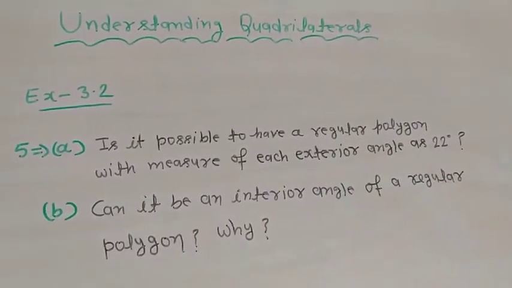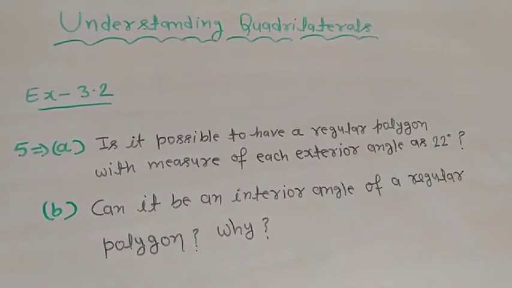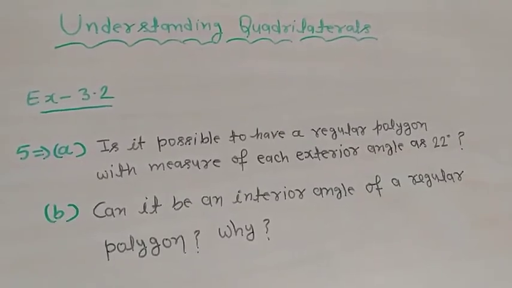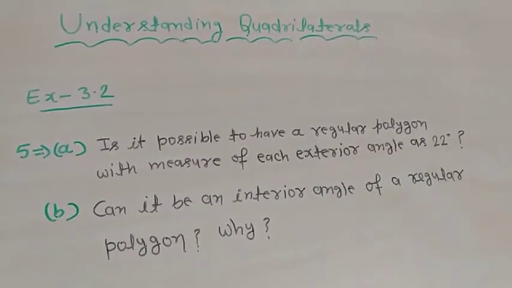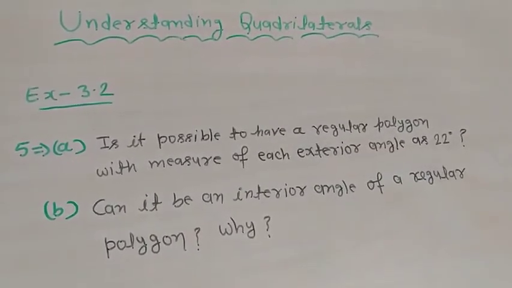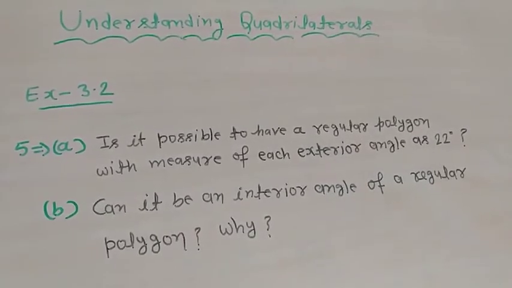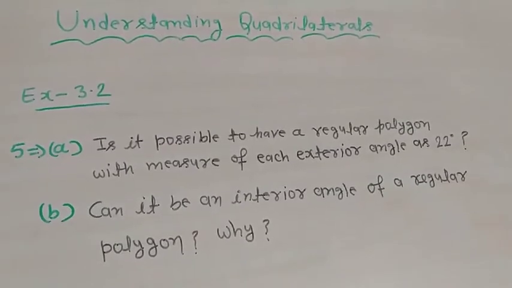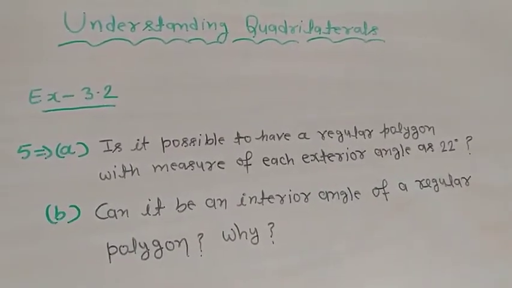If 22 degree divides 360 degree, then it is possible, but here 22 is not a divisor of 360, so this is not possible. Okay, so our answer is no.